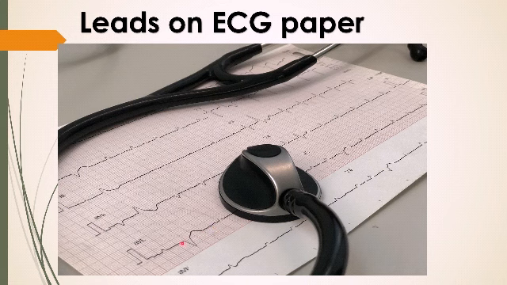AVL, augmented voltage lead on the left arm. Then AVF, augmented voltage left foot lead. Then we're going to see 6 more leads. Those are the precordial or chest leads.